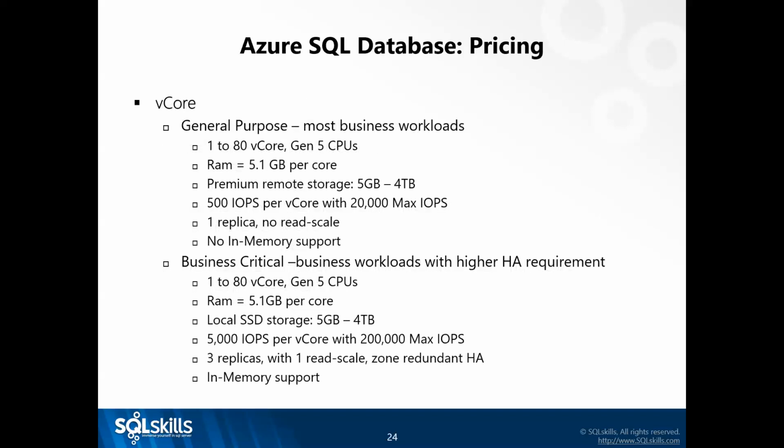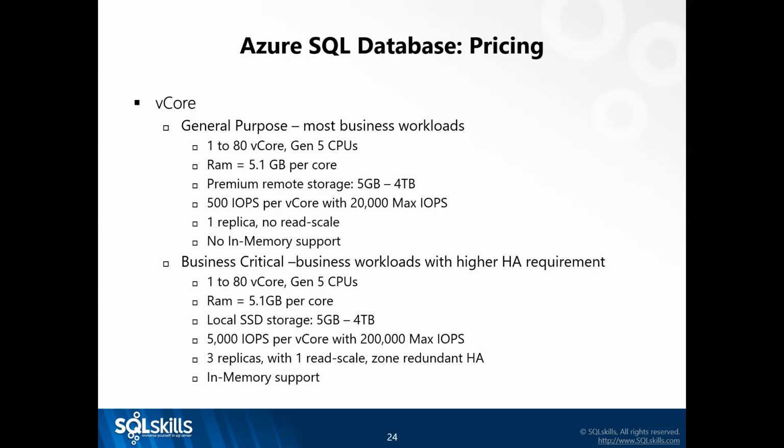All right, when Managed Instance launched, it introduced the vCore pricing model. So now we have general purpose, which is kind of like that standard tier, and then your business critical, which is for your higher IO workloads. So 5,000 IOPS per vCore up to just over 200,000 on your business critical, 500 to 20,000, and I think that's actually like 24,000, a little bit more than 20, on your general purpose.